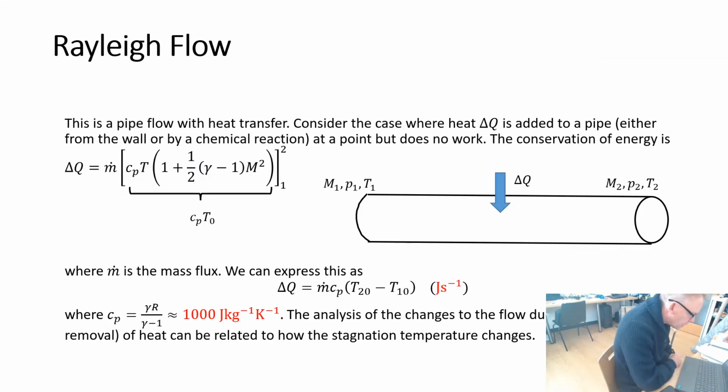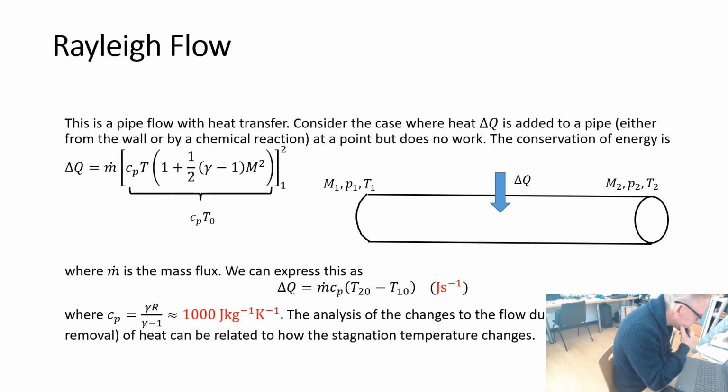So the second part of today's lecture is about Rayleigh flows, and this is a flow in which we add heat. Of course, momentum is conserved, mass is conserved, and we need to take into account the heat that's added in terms of the change in the stagnation temperature.